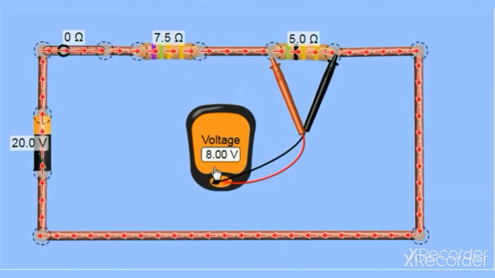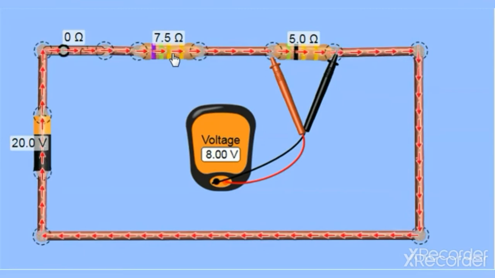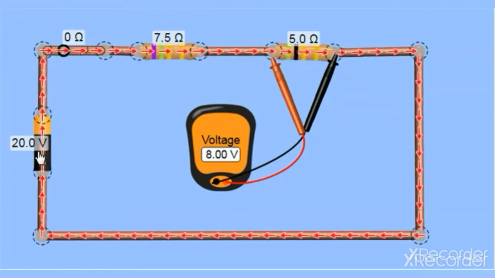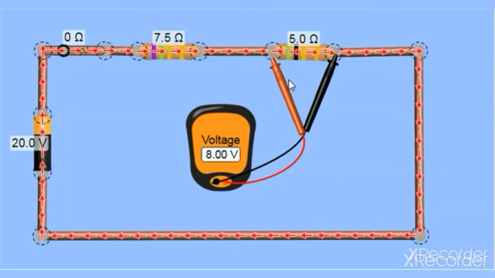The voltage drop across the 5 ohm resistance is 8 volt. So 12 plus 8 is 20, and the applied voltage is 20. So 20 is equal to the summation of voltage drop across the resistances, 12 volt plus 8 volt, which is 20 volt.